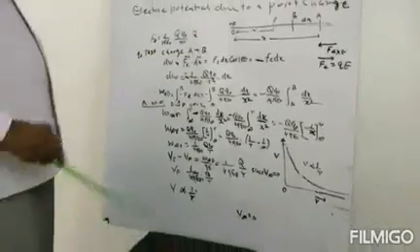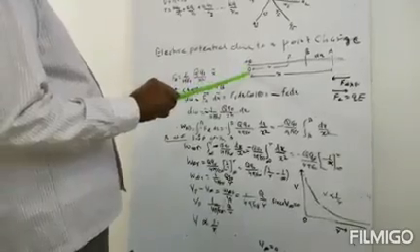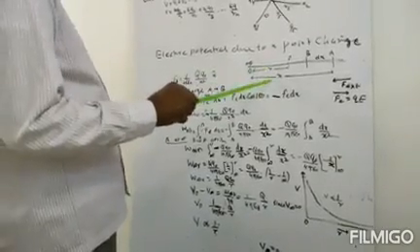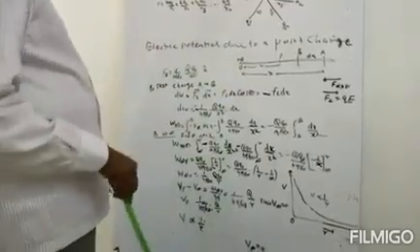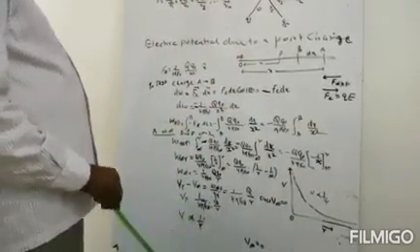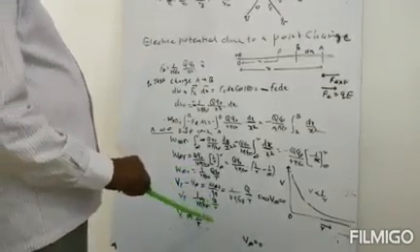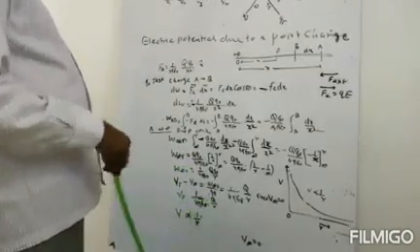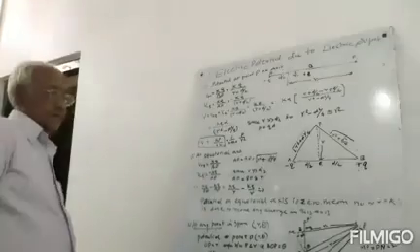It will be equal to 1 by 4 pi epsilon 0 times the charge divided by the distance from this charge, that is small r. So Vp will be equal to 1 by 4 pi epsilon 0 Q by r.